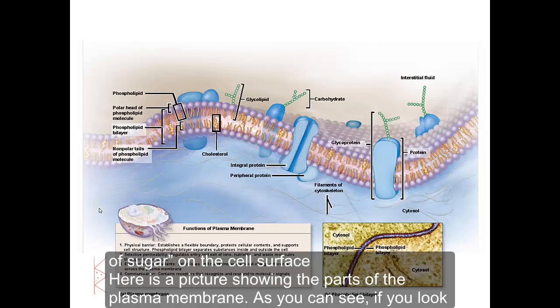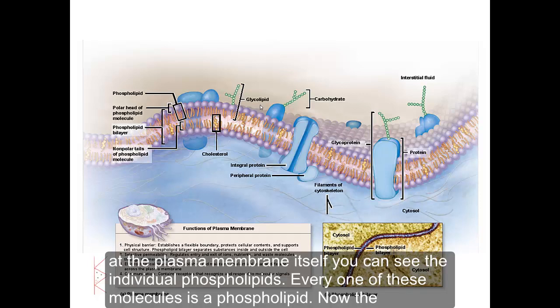Here is a picture showing the parts of the plasma membrane. As you can see, if you look at the plasma membrane itself, you can see the individual phospholipids. Every one of these molecules is a phospholipid.